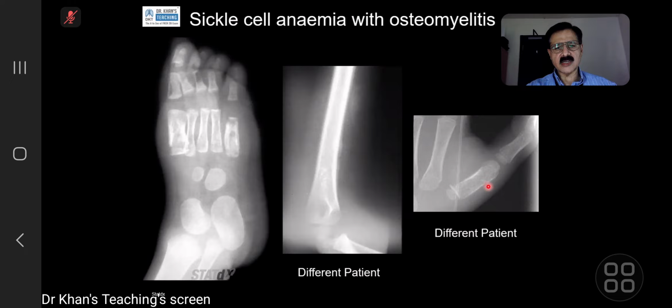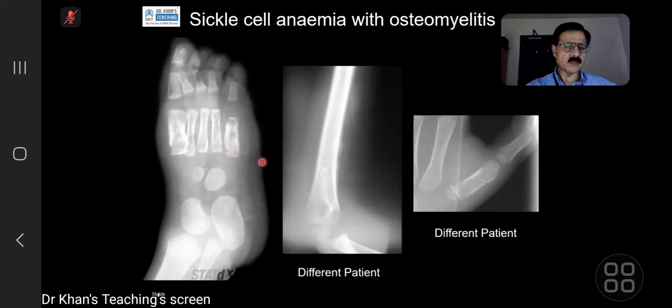So this is small bones, dactylitis, and even in sickle cell disease, there can be salmonella osteomyelitis. And look here, there is a permeative type of bony destruction. There is soft tissue, periosteal reaction. If you handle it in the exam, you will describe it, and then you will say that this is an aggressive lesion. And the differential, of course, will be infection or a malignant tumor. In this age group, even sarcoma will be top.